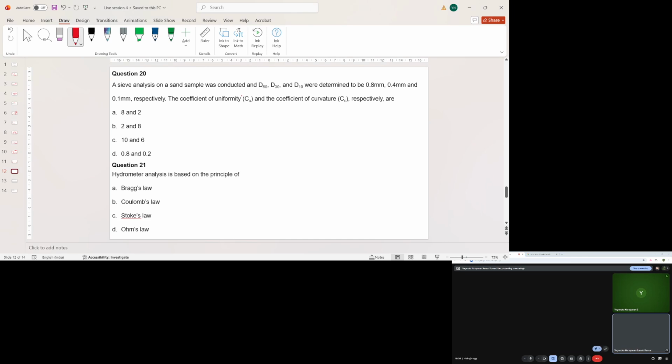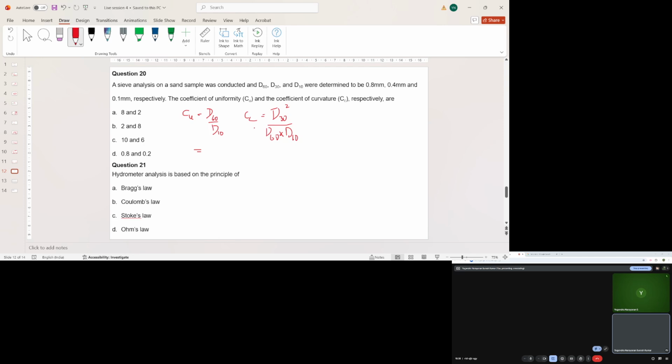Now first we will write the relation of Cu, the coefficient of uniformity, which is d60 by d10, and the coefficient of curvature is d30 squared divided by d60 into d10.